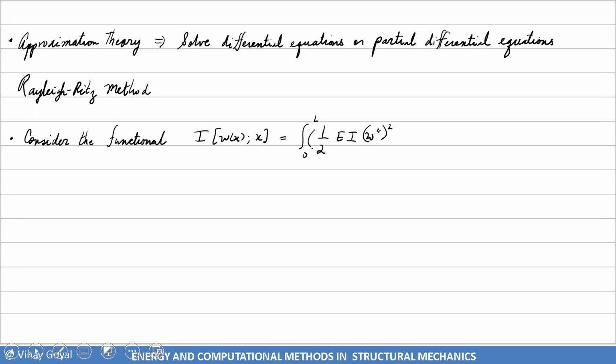And just for fun, let's add a spring, a constant spring stiffness K, a foundation of some kind, w squared. And let's apply a load also, minus Q times w dx.